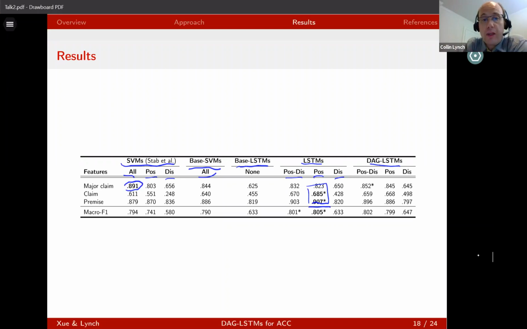In fact, if we compare by macro F1 score, that is the performance over all the classifications, we see that the LSTMs with position outperform the other models. It's interesting to note, however, that LSTMs with just the discourse features performed quite poorly. However, the DAG LSTM with the discourse features alone performs much better. This suggests that the DAG LSTM is making better use of those discourse features than the standard LSTMs.